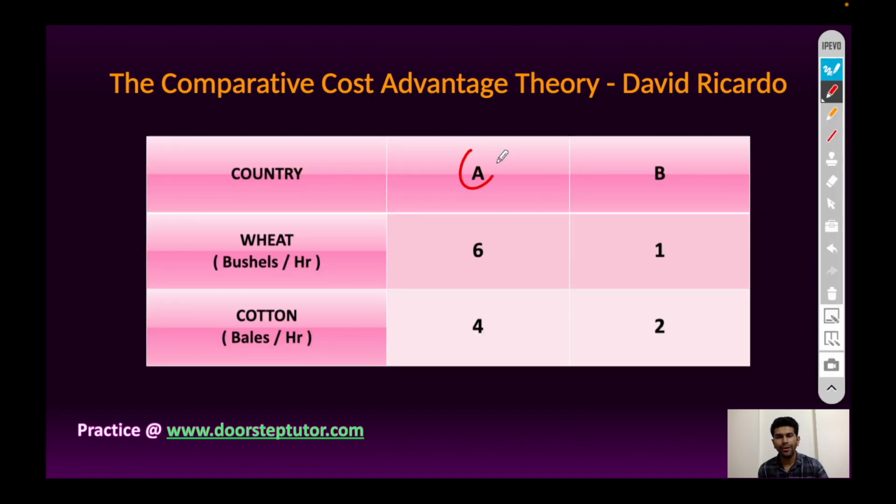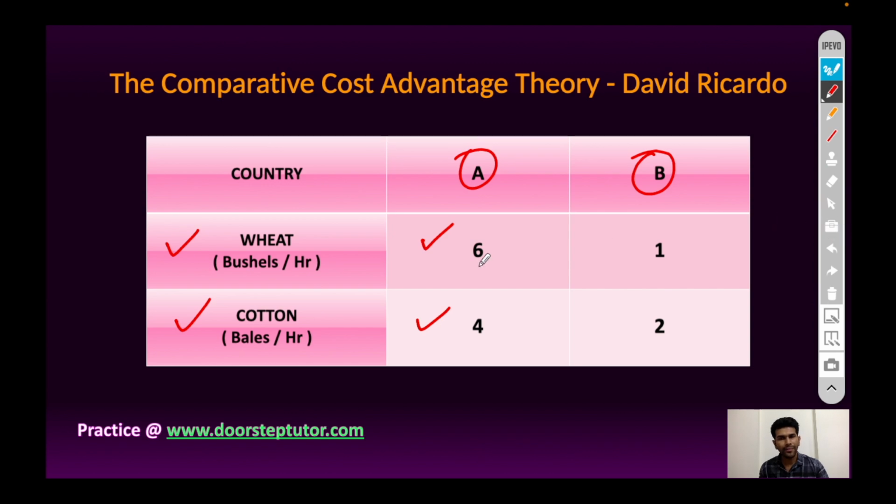For example, two countries are given, country A and country B, and two commodities, wheat and cotton. Country A produces 6 bushels of wheat in 1 hour and 4 bales of cotton in 1 hour, while country B produces only 1 bushel of wheat in 1 hour and 2 bales of cotton in 1 hour.